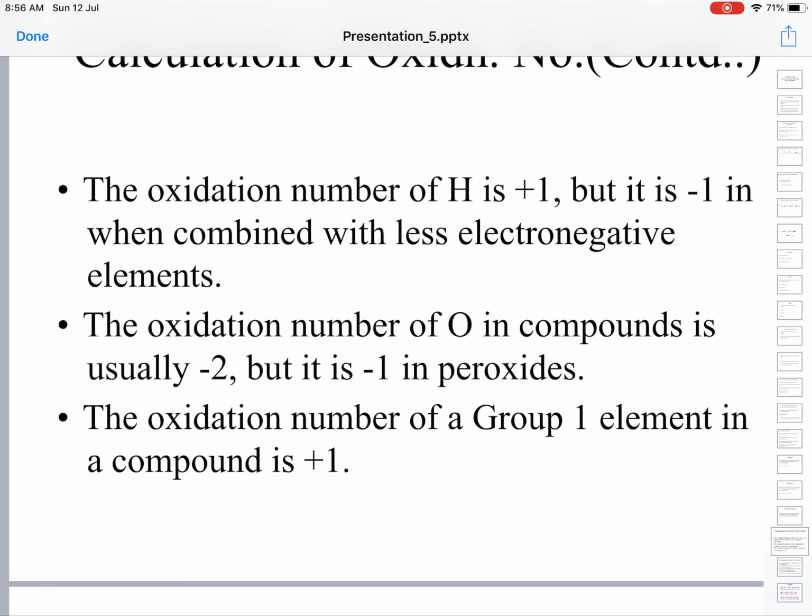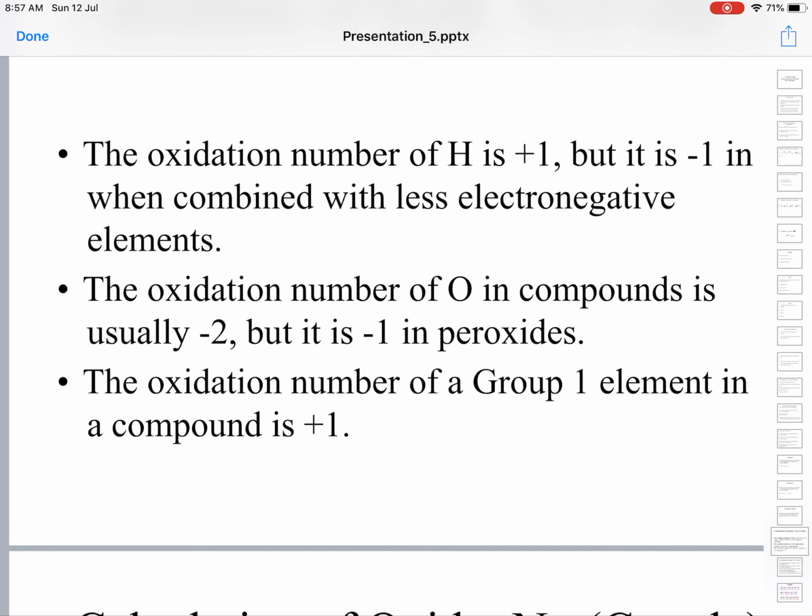The oxidation number of oxygen is normally taken as -2, but it is -1 in peroxides like H2O2, Na2O2, where there is an O-O linkage. Commonly we take the oxidation number of oxygen as -2. Then the oxidation number of group 1 elements, sodium, potassium, rubidium, is +1.